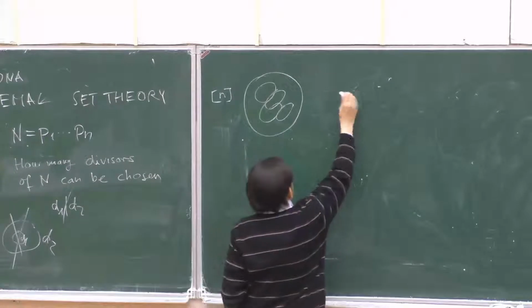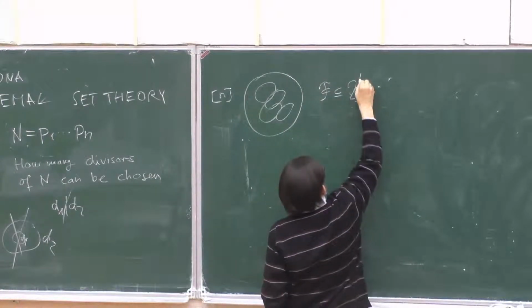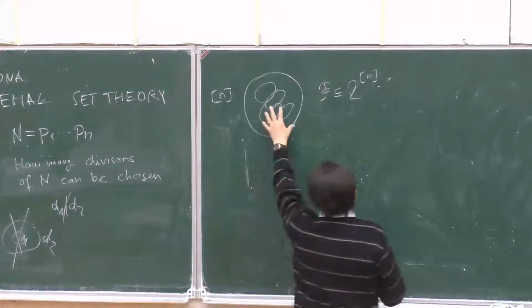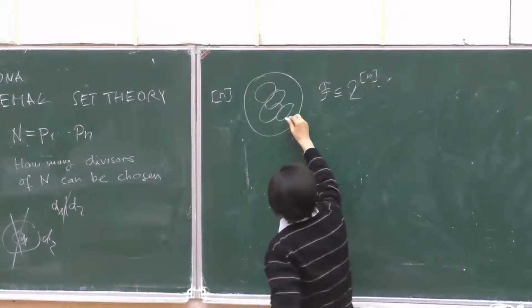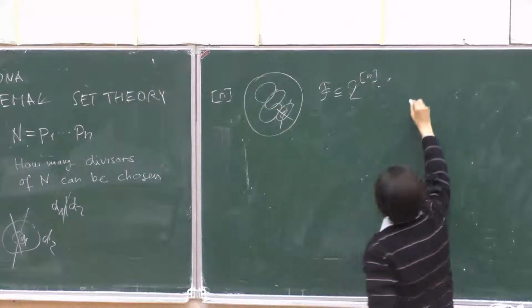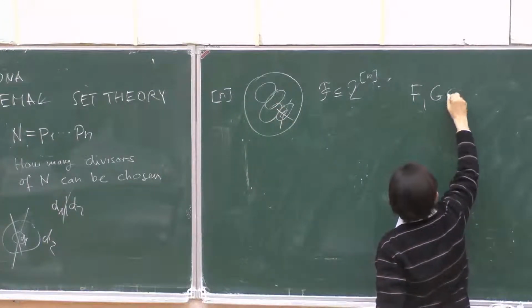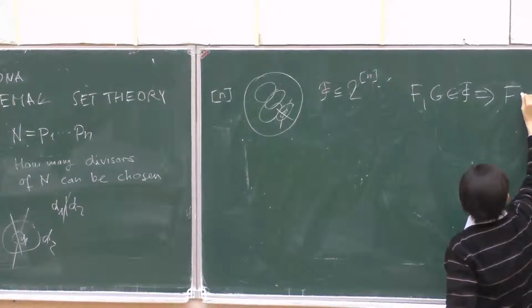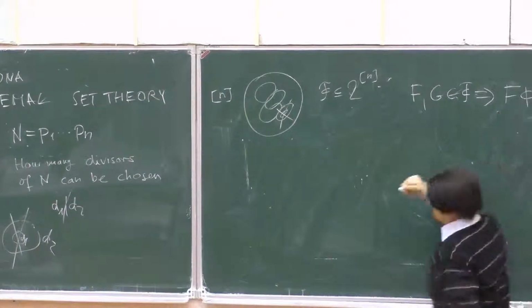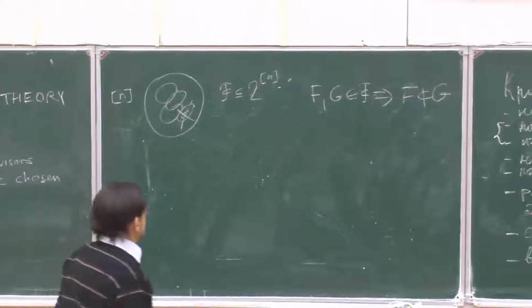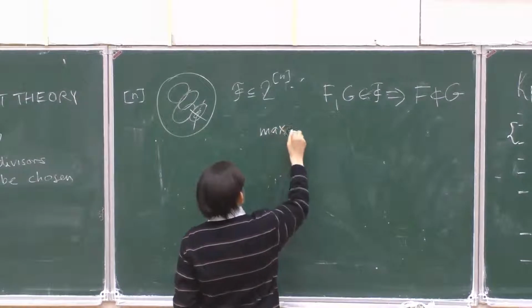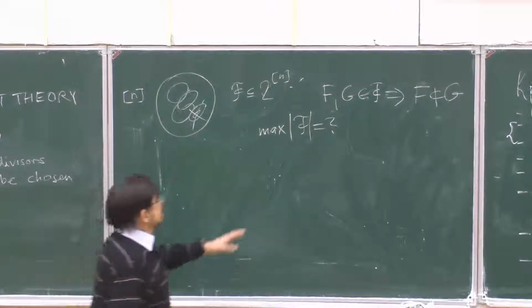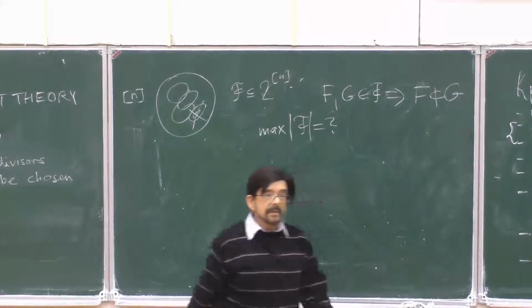And we take a family of its subsets, and now we exclude this one: if F and G are members of this family, then F is not a subset of G. To make it more precise, n is given and this is the condition.